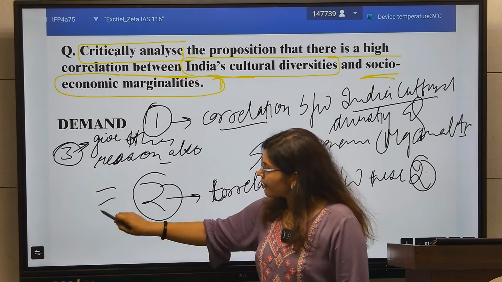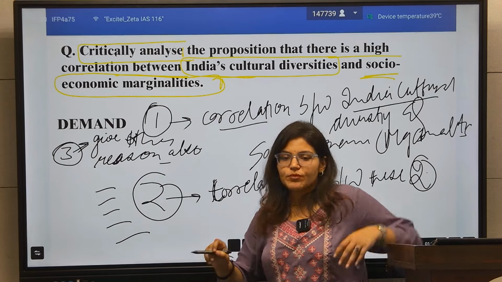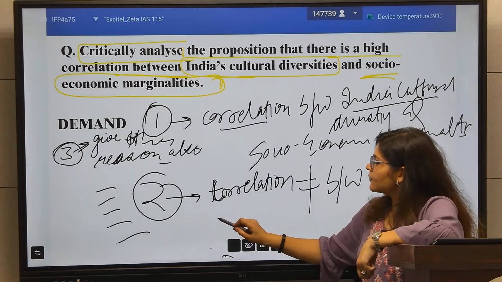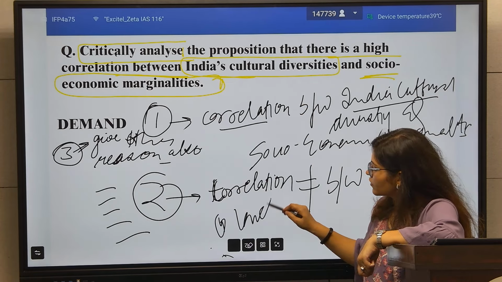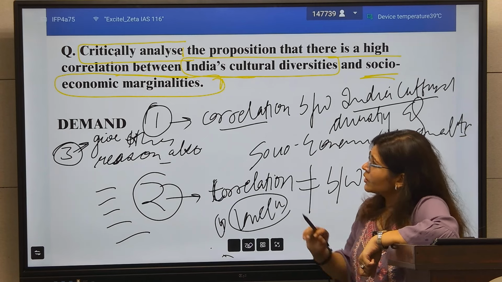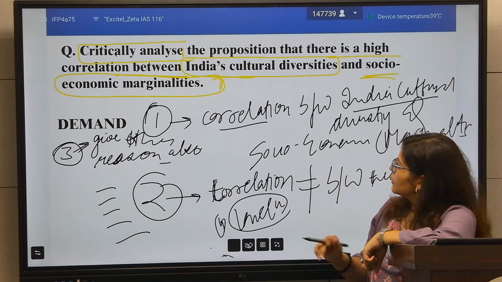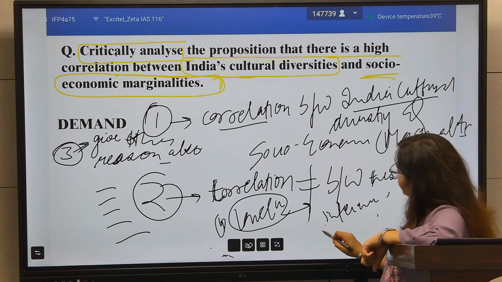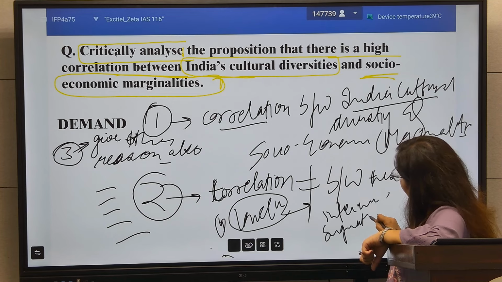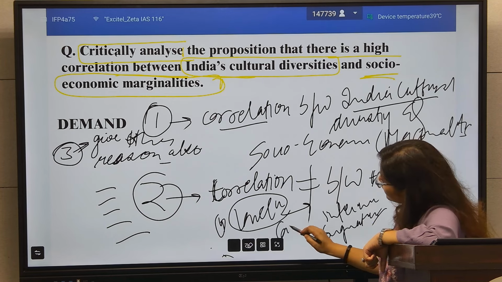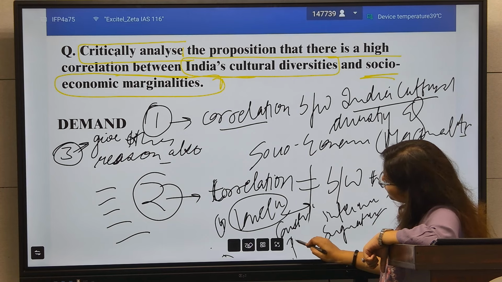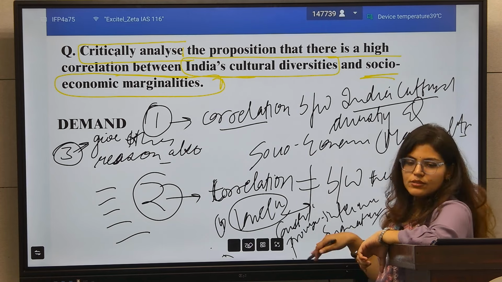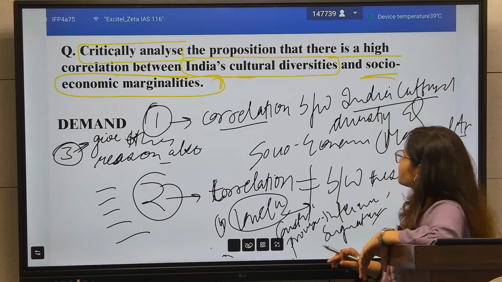Then give 4-5 reasons that lead to socio-economic marginalities. And then the fourth is the conclusion. In this type of question, you have to give either inference, or significance, or constitutional provision in the conclusion. So in this way you have to write this answer.